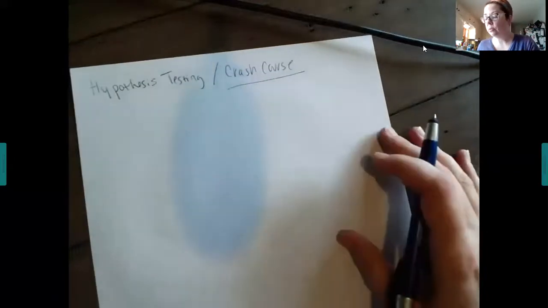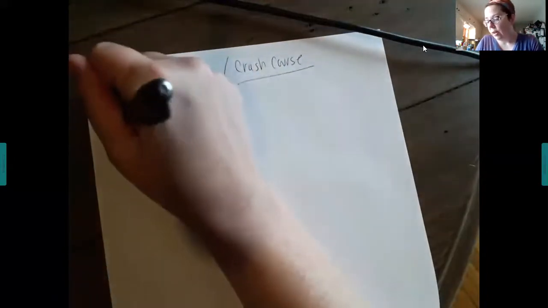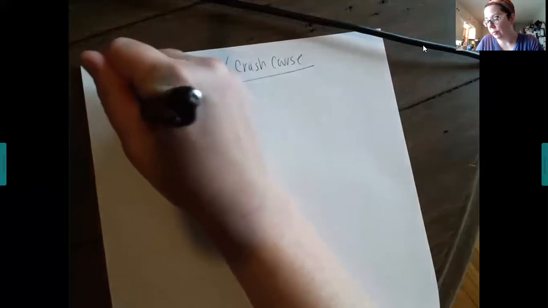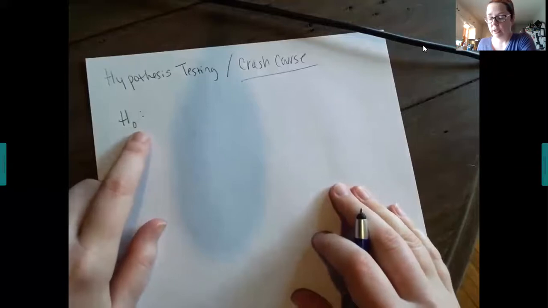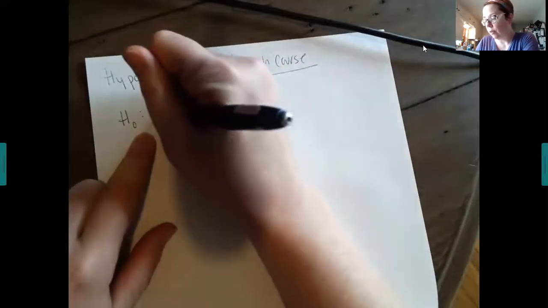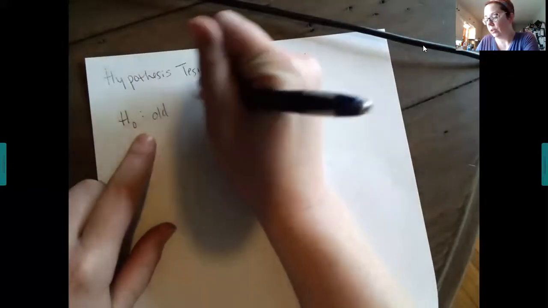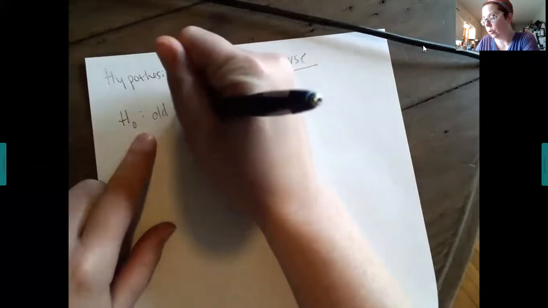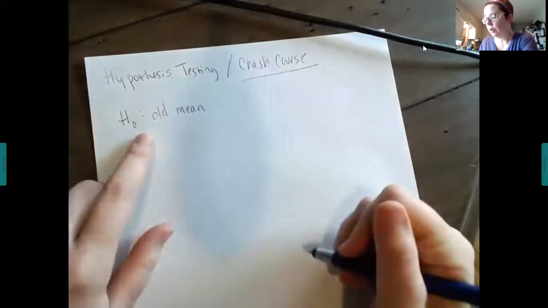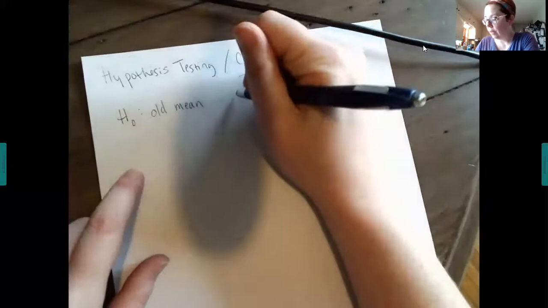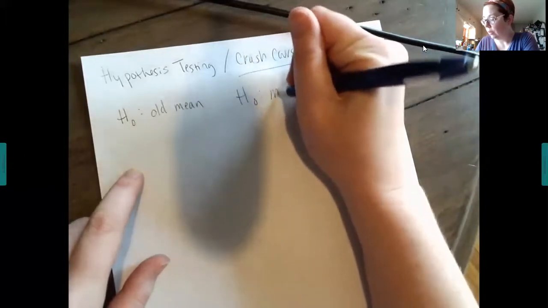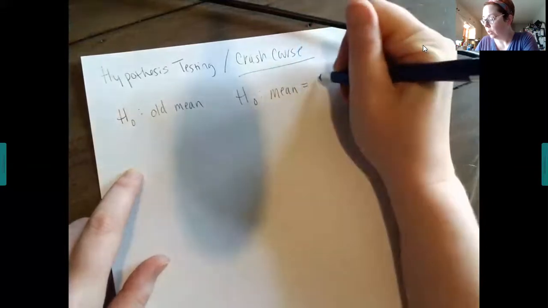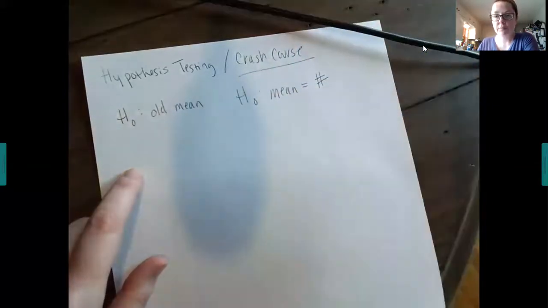This is what's happening. You have this symbol, right? Big H, little o, or not. So this is your old mean, since we're going to do hypothesis testing for a mean. You're going to have something where I think our mean equals some number.